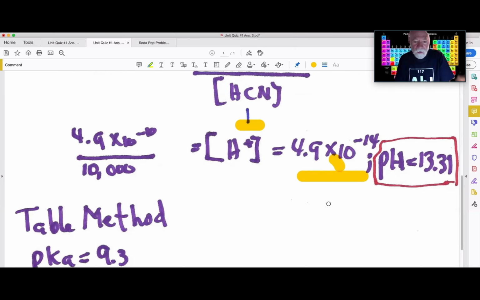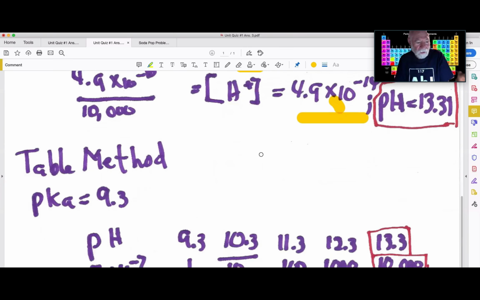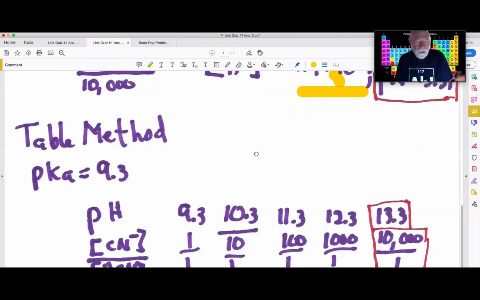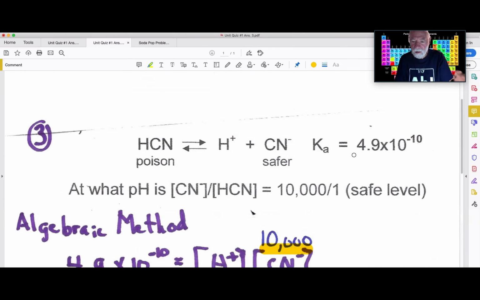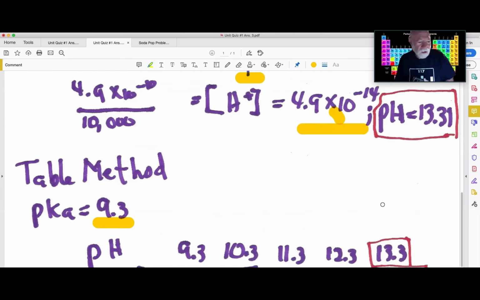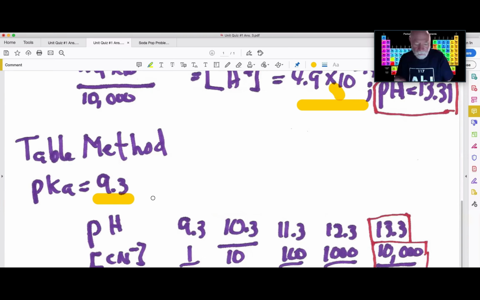Now, the table method goes like this. In the table method, you want to take the pK sub A. So what's the pK sub A again? What you do is you take the K sub A, you take minus the log of it. So minus the log of 4.9 times 10 to the minus 10 should be... I'm going to try it.